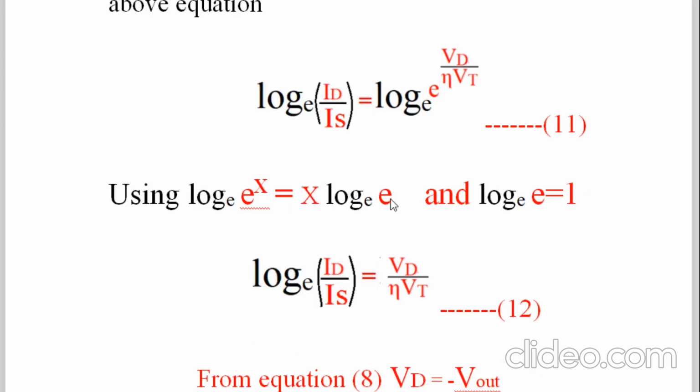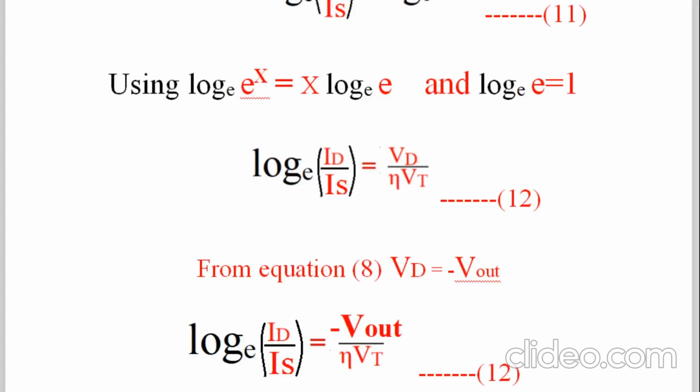Log to the base e of e, which is 1. So the left hand side as it is, and on the right hand side e raised to x, where x is VD divided by eta into Vt. This entire term x I will take on this side, and log to the base e of e remains, and that is 1. Therefore we have not written it. So this is equation number 12.